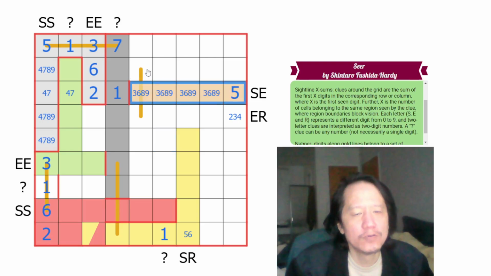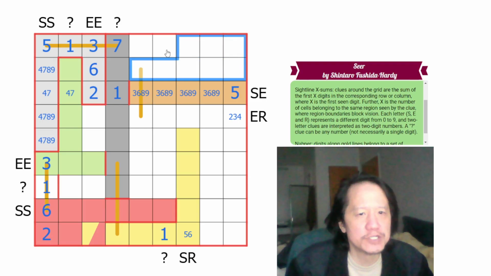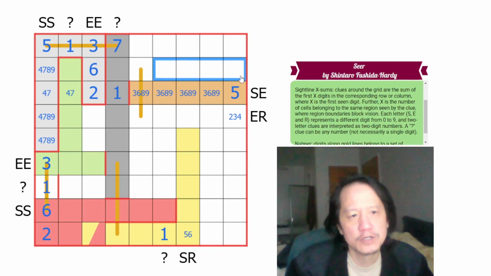Okay. What about this region? Well, if we try to make this orange and gray as not a full region, only 2 of these could be orange, and only 2 of these can be gray, and only 4 of these could be orange. So without a full region, this doesn't work.